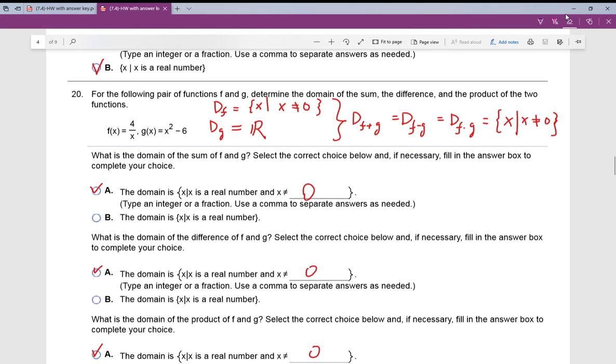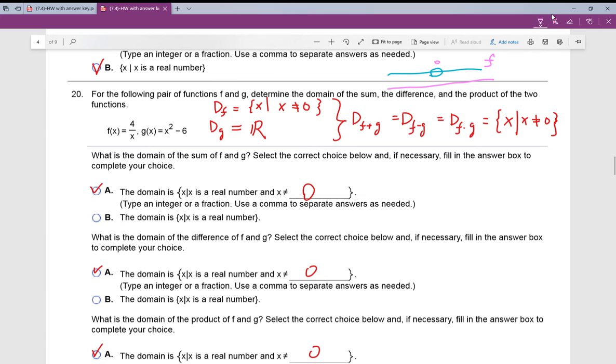Okay. So number 20, the domain of f is x not 0. If I graph the domain x not 0, there's a hole there. And for g, the domain is all real numbers, and for f, it is all real numbers except 0.